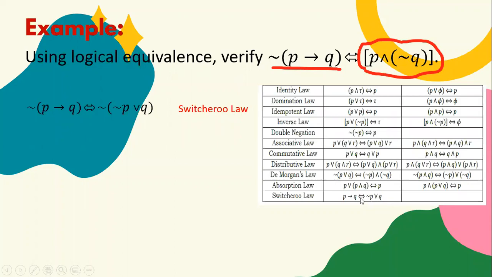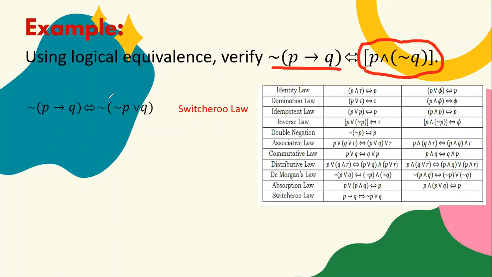From the table, kinuha natin yung equivalent nitong nasa left side. And since may negation siya sa una, hindi pa rin siya nawawala. Ayun pa yung negation of the equivalent nung nasa loob ng parenthesis natin, which is this one, according to Switcheroo law. Nasusundan po? Opo. Okay.